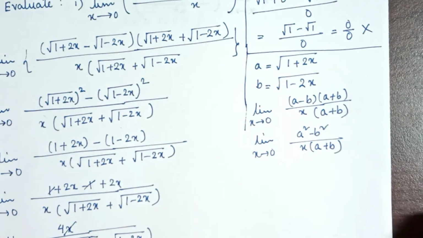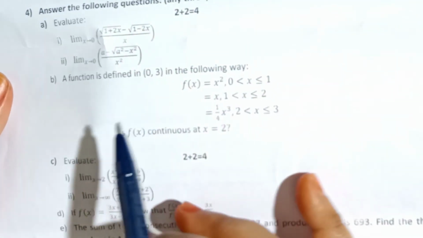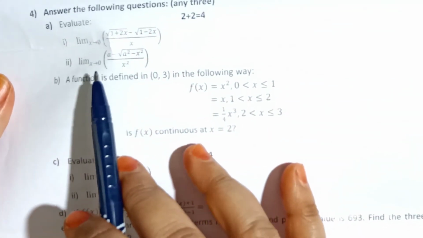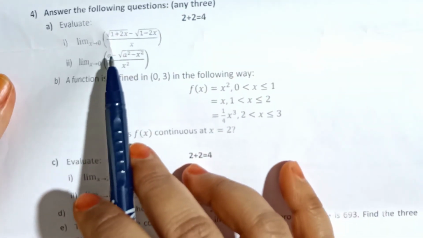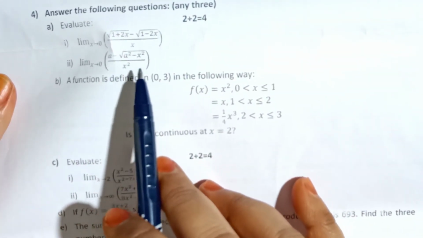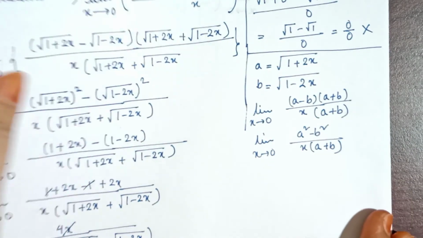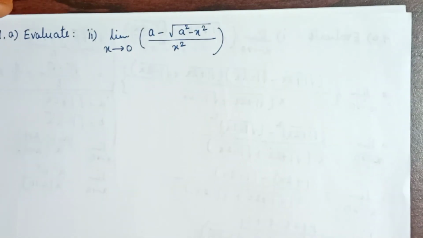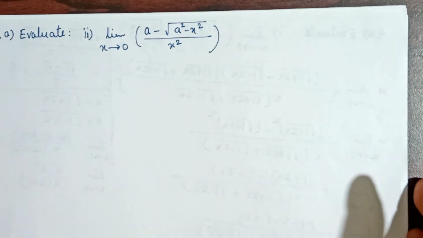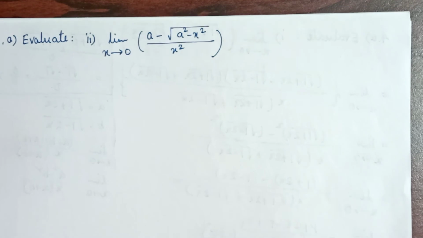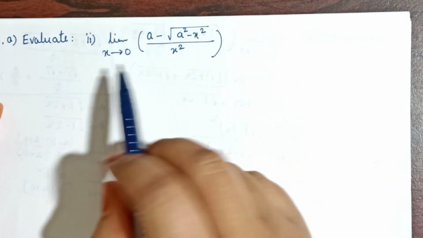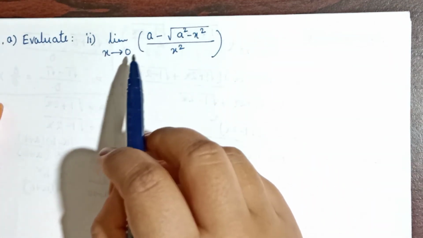Okay, now move on to the next question. The next question, this one, limit x tends to 0, then a minus root over a square minus x square divided by x square. So now let us solve this question. Now see here, again the value x tends to 0.